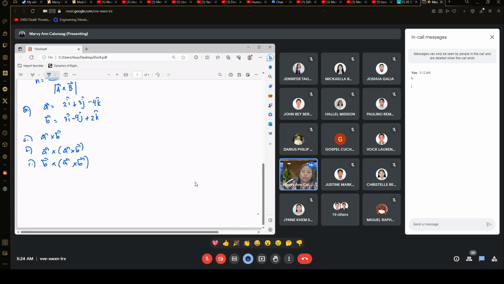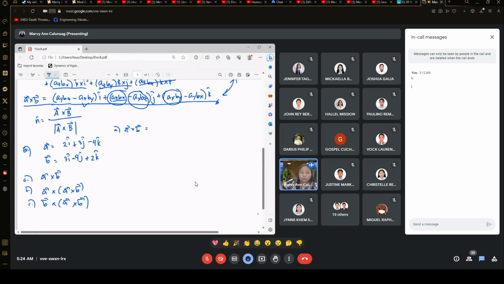Now for letter A, we have A cross B. In the first row, we'll have IJK. And then the second row will be the elements of A, that is 2, 3, negative 4. And the third row, we have the elements of vector B, 3, negative 4, 2.